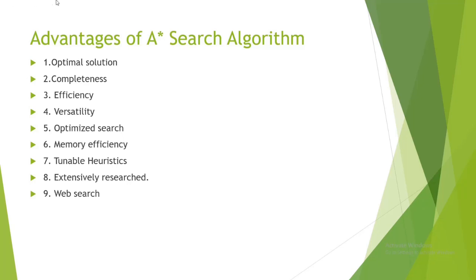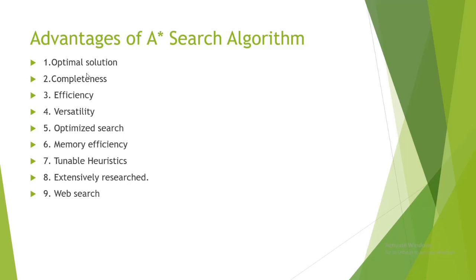It is also extensively researched, a well-established algorithm with decades of research and practical applications. The last one is web search: it can be used for web-based path search, where the algorithm constantly updates the path according to changes in the environment or the appearance of new obstacles.